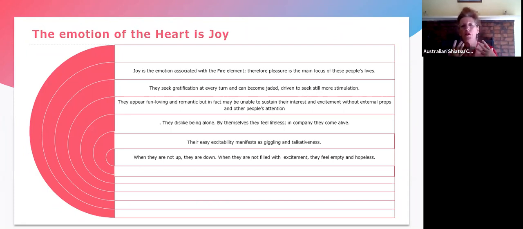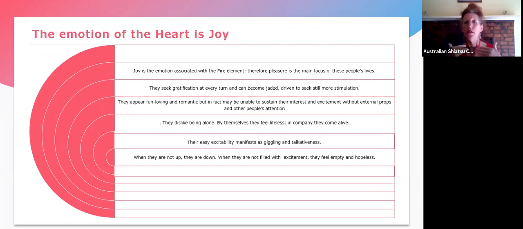Repeating these, but I think it's really good to come back and remember these things again. So just some slight nuances. Again, pleasure and gratification can easily then be looking for stimulation, so wanting things to stay exciting. So fun-loving and romantic, but perhaps an inability to sustain that, particularly if there's a deficiency in the water element.